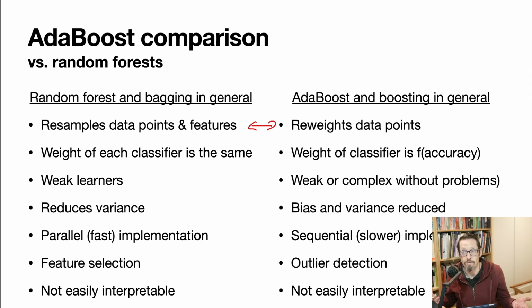So you're going to get a different data set in every classifier. In AdaBoost, we don't resample, we reweight. It's the weight that we change from classifier to classifier. So there's no weight in random forest. There is one, and it's a function of the classifier's accuracy in AdaBoost.